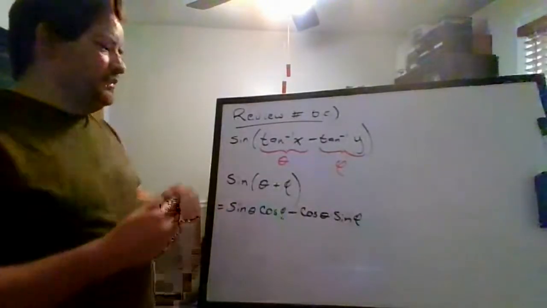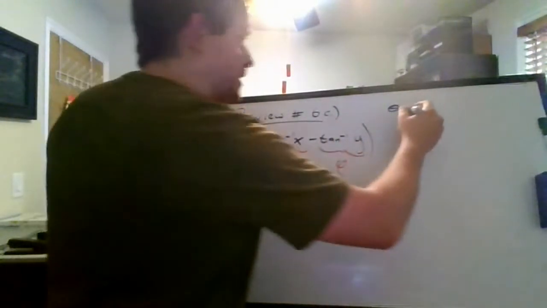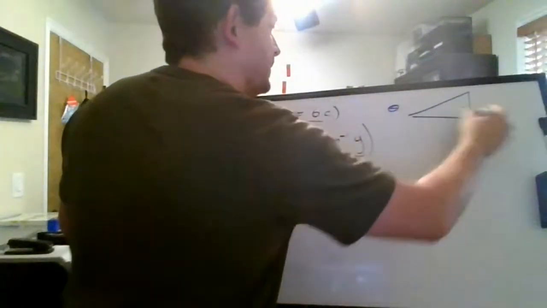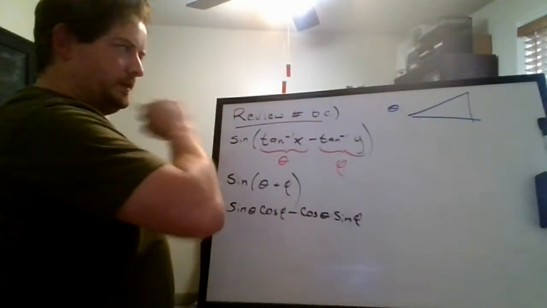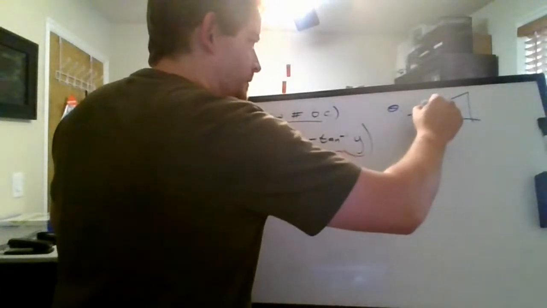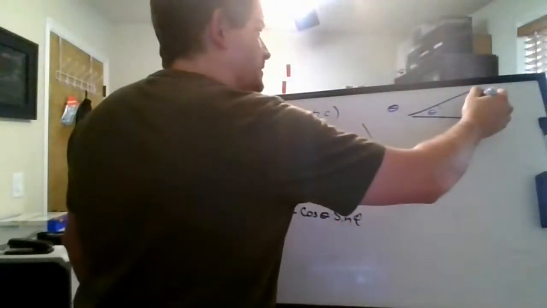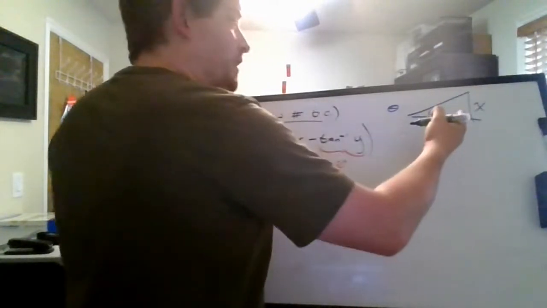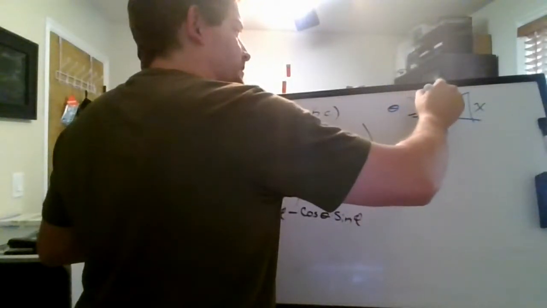So if I take a look at the theta, theta gives me this triangle. Tan inverse of x tells me that I have a x for my y value and a 1 for my x value. And that also tells me then that my hypotenuse is the square root of 1 plus x squared.